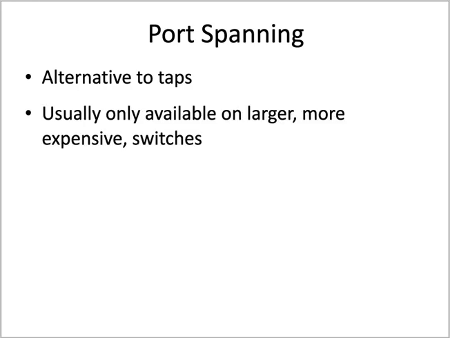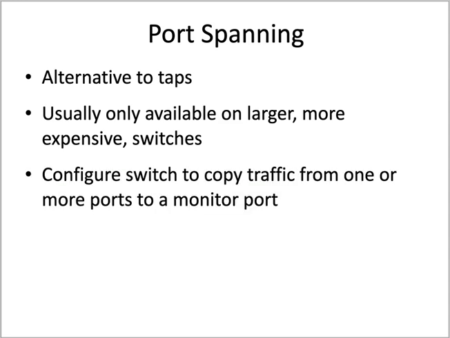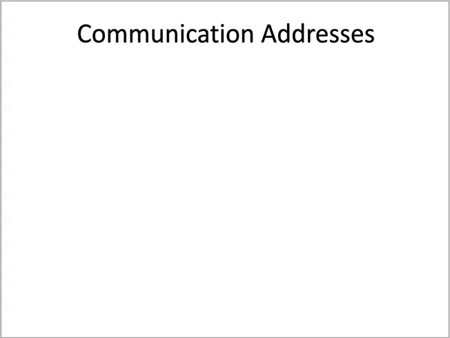This is usually only available on larger switches, which translates into more expensive switches. And what you do is you configure the switch to copy traffic from one or more ports to a monitoring port. So that's one way to solve that problem if you can't see all the traffic.